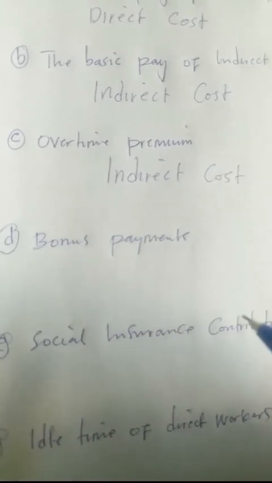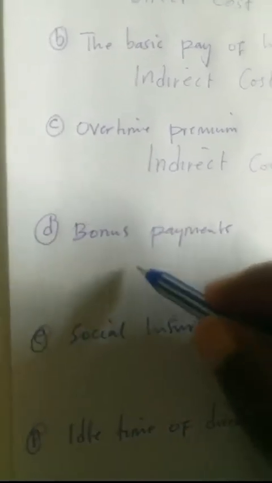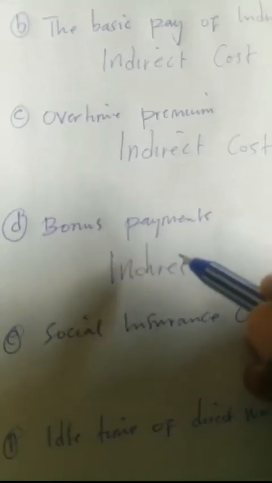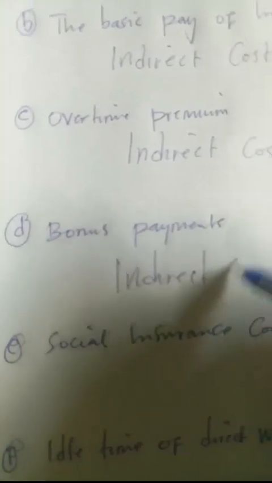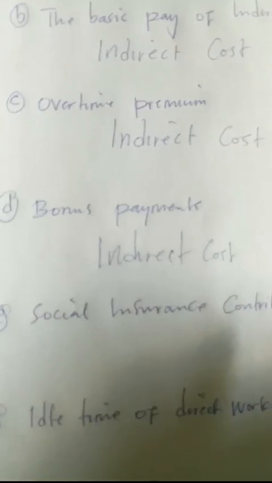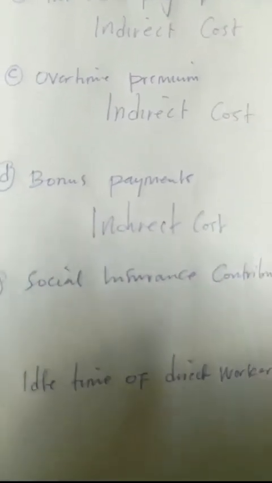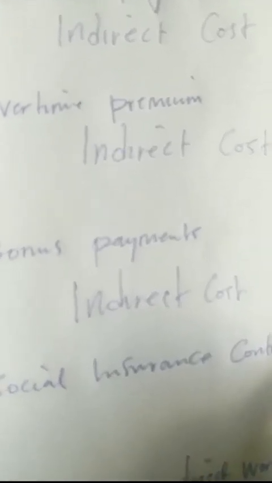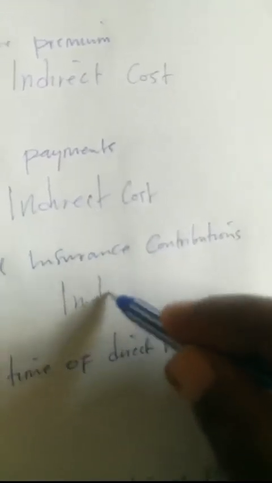Okay, bonus payments, these are indirect costs. That's my number D. And then my number E is a social insurance contribution. They are also indirect costs, okay?